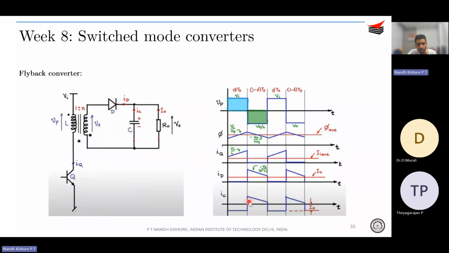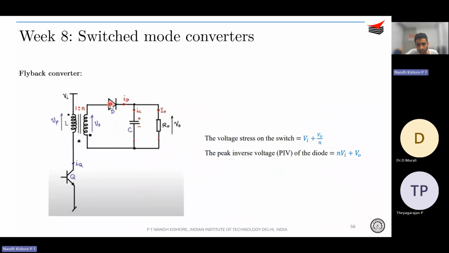Makes sense, right? Based on this, you can find out what the device currents for Q and D should be, and what the voltages should be, and rate the devices suitably.